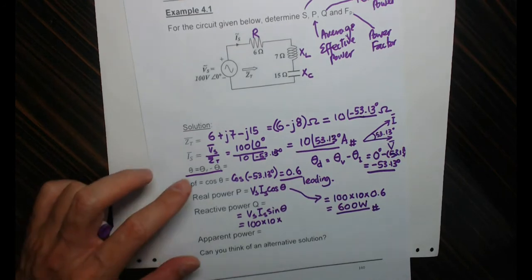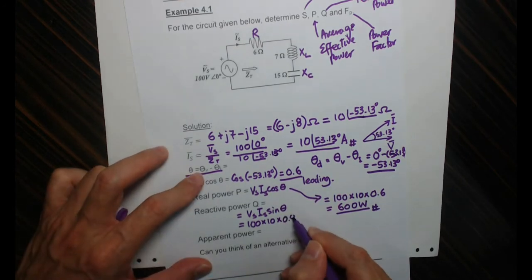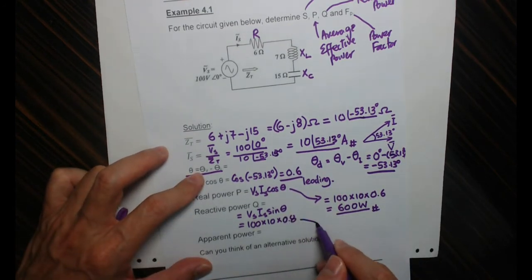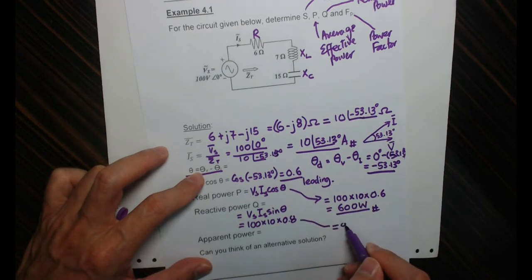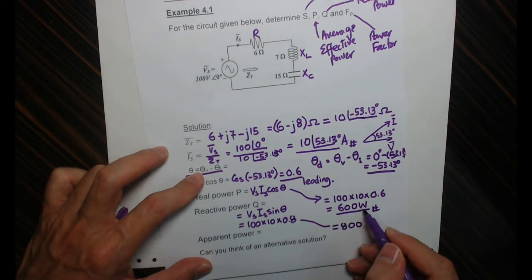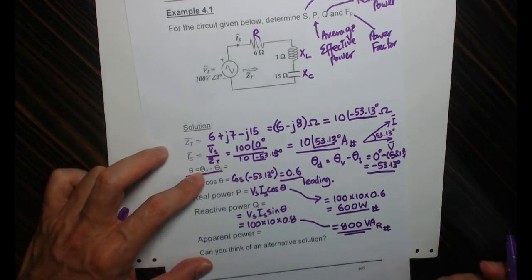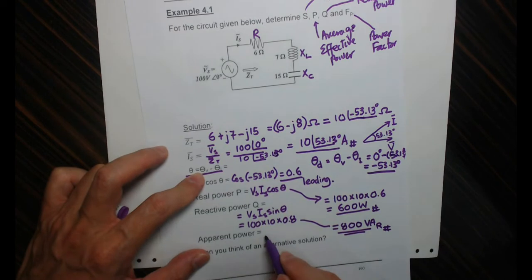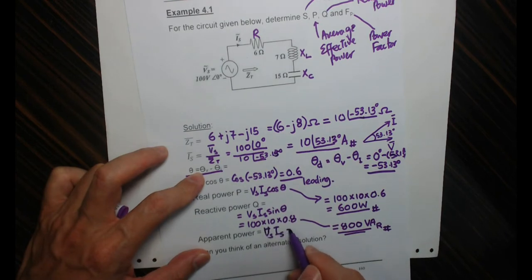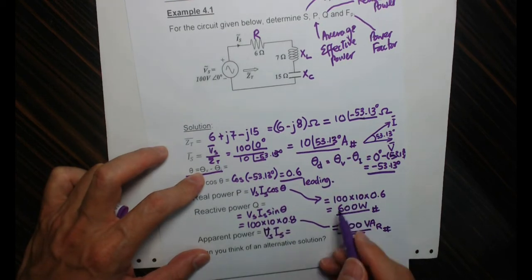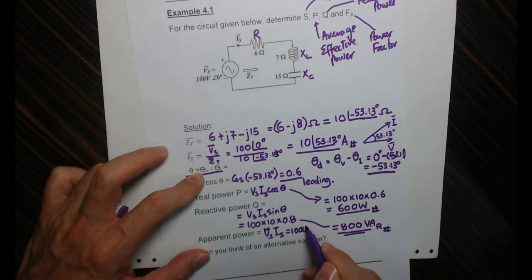That gives me 800. Now instead of watt, we don't call it watt, we call it VAR, for reactive. Okay, and finally apparent power is just Vs times Is, without the phasor. That's 100 times 10, so it's 1000 VA.